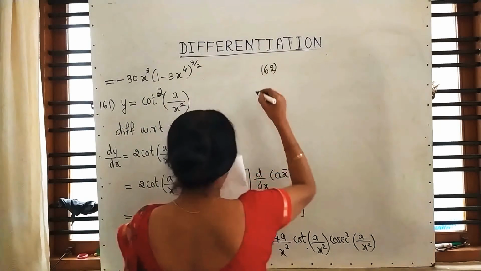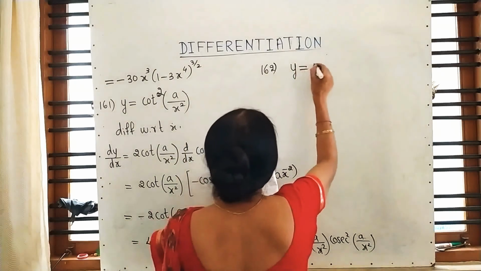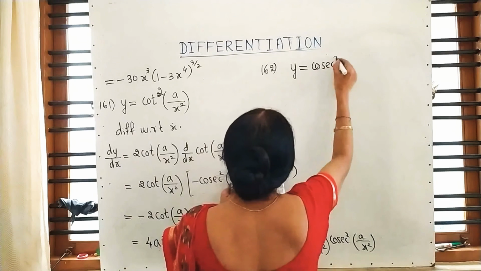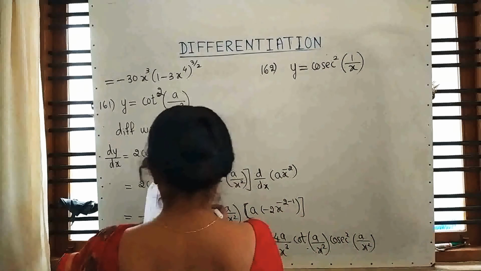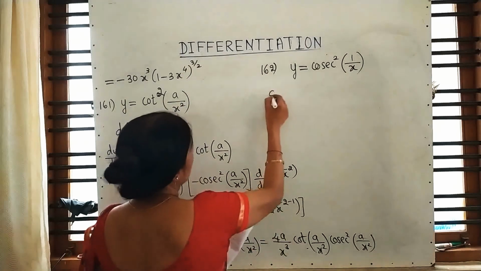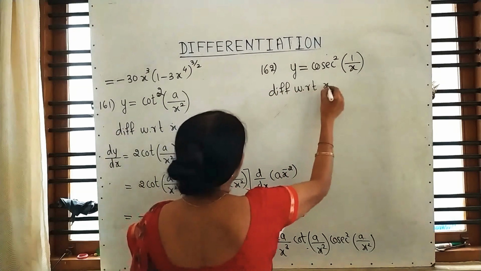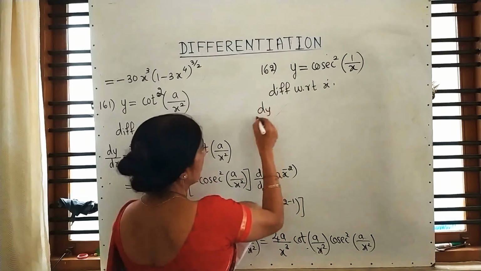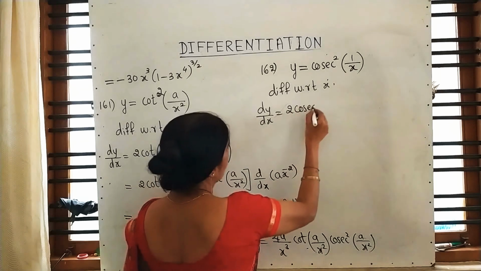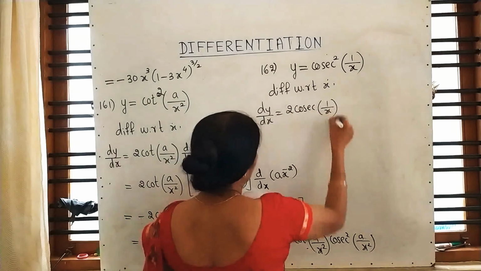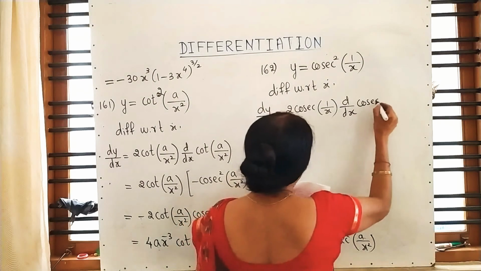Question number 162. Y is equal to cosecant square 1 by x. See, differentiating with respect to x, dy upon dx, first power: 2 cosecant 1 by x. After power, trigonometric term.